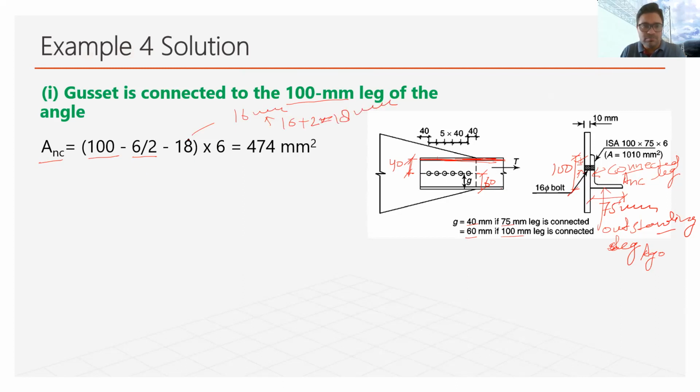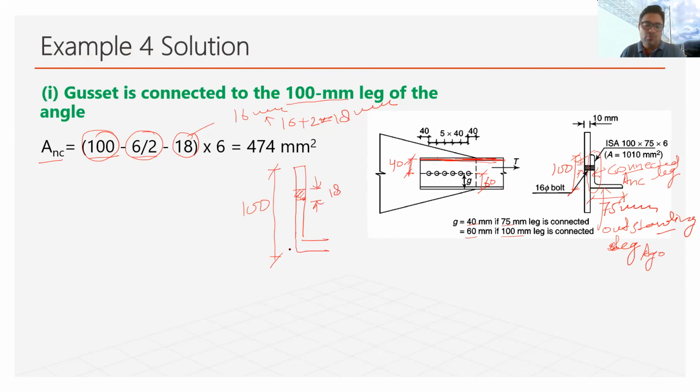So this is the dia of hole, half of the thickness and total width. So now you can see, if I make this angle here, this is the angle leg, and this total value is 100, and this is the hole. So this hole value is 18.